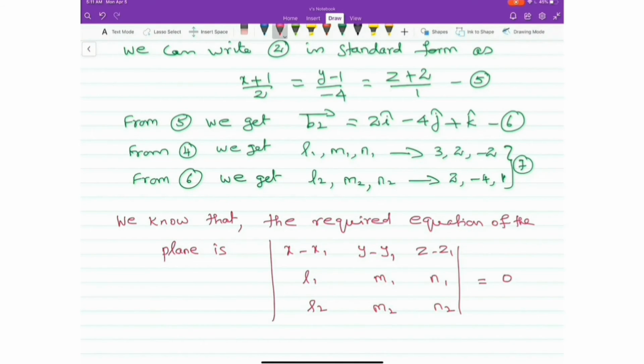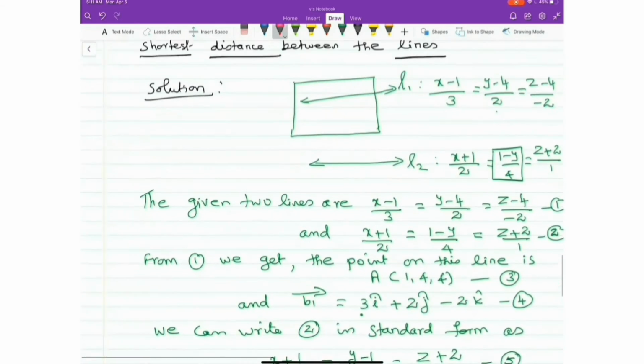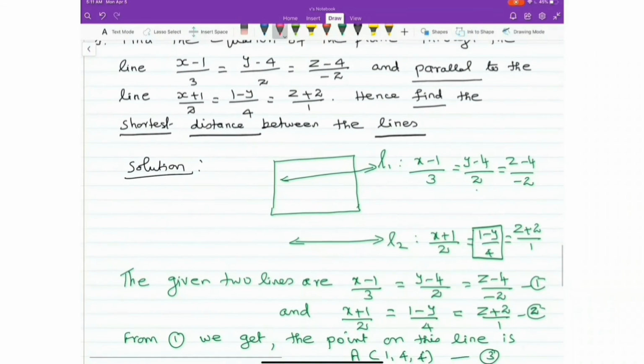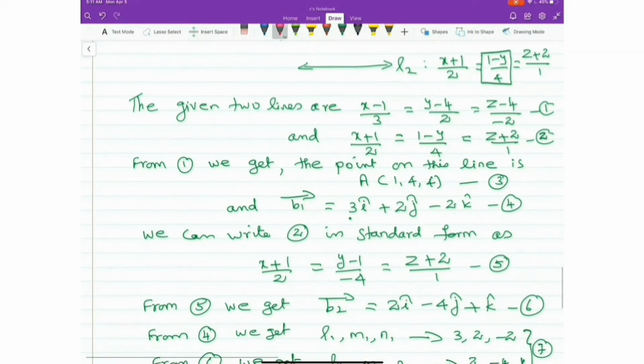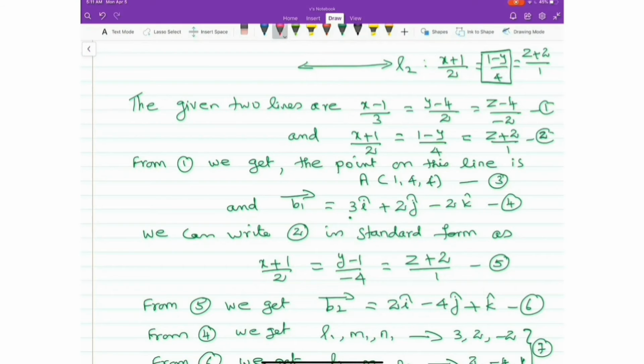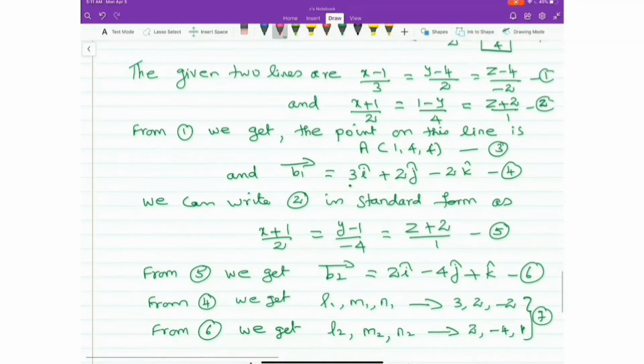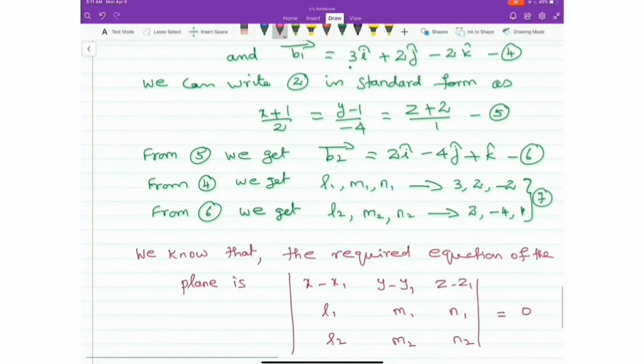I know x1, y1, z1 is nothing but, see, the point on this line, already I have named it as A, 1, 4, 4. That is line L1. So from there I can always write what is x1, y1, z1.